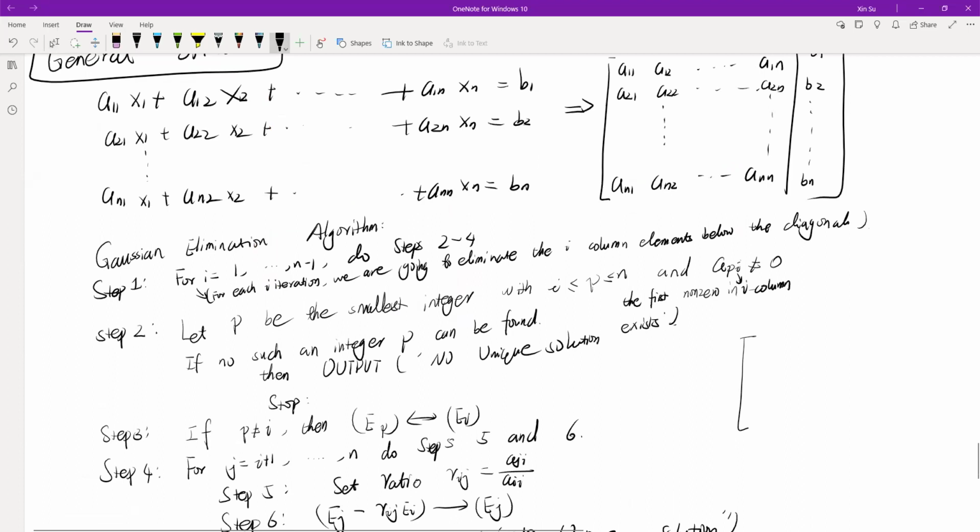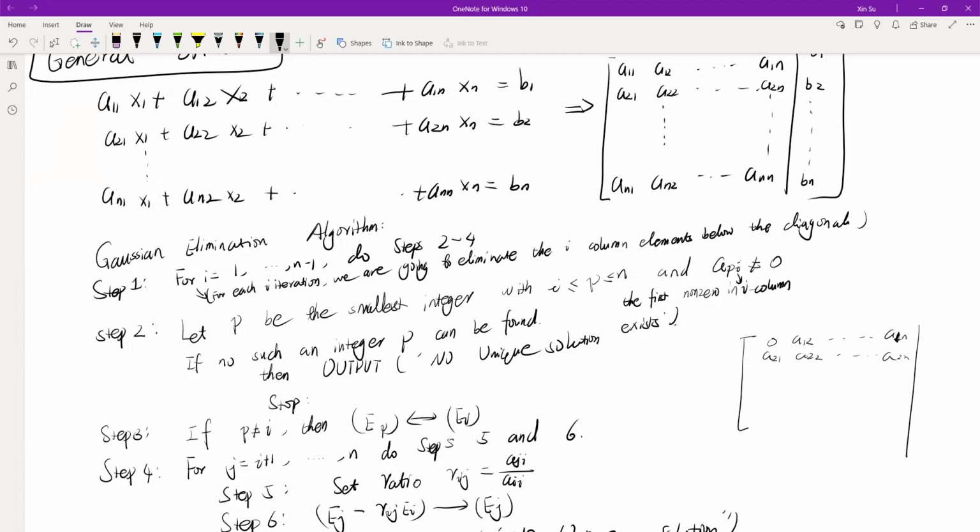This is the original one: A11, A12, up to A1N. Now what you have is this entry is 0, and then A21, A22, up to A2N.